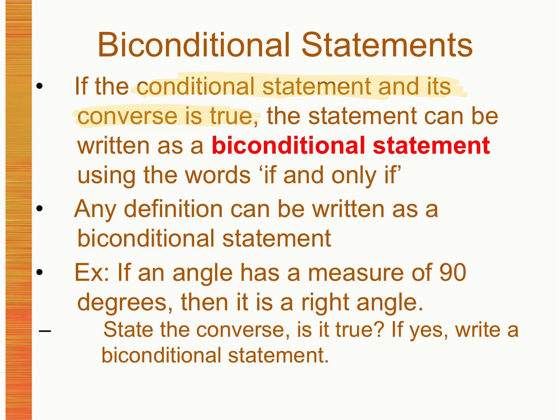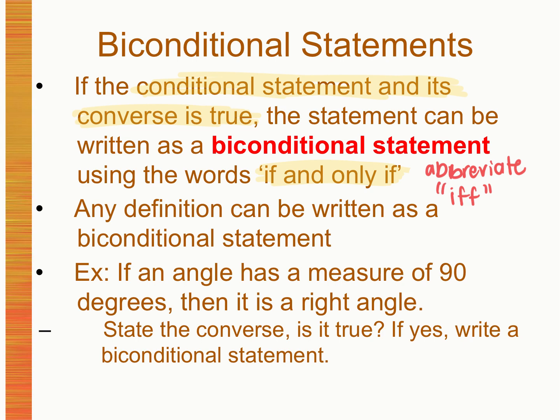When you're writing a biconditional statement, you're changing your if-then to an if and only if. You can abbreviate it as IFF, and I will write that on here. That's a shortened if and only if.